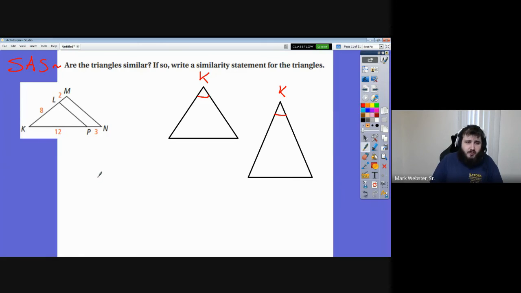So let's call this KPL, the smaller one, and then KMN, the bigger one. KP has a length of 12. KL has a length of 8. But what about KM? KM goes all the way through. So if this is 8 and 2, we have 10 right here, right?